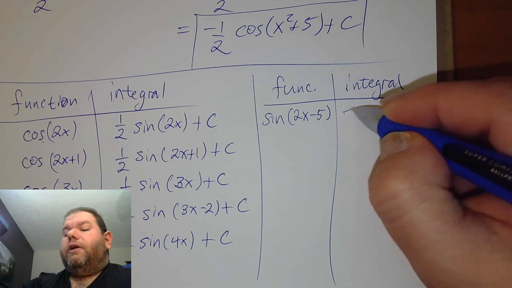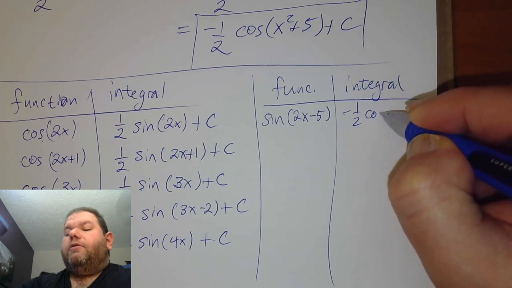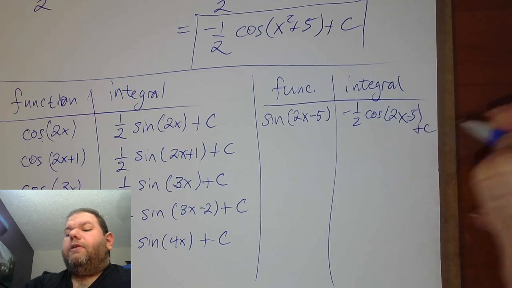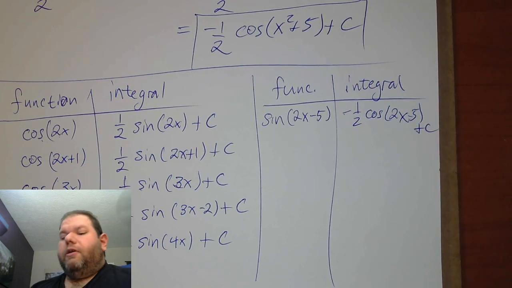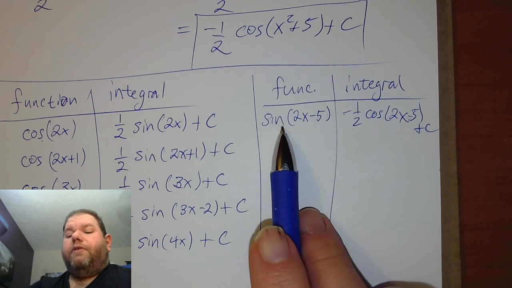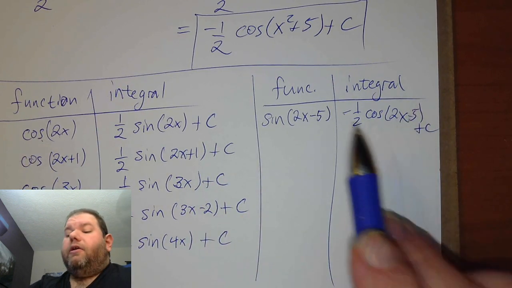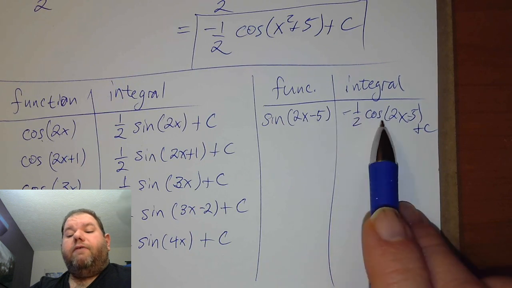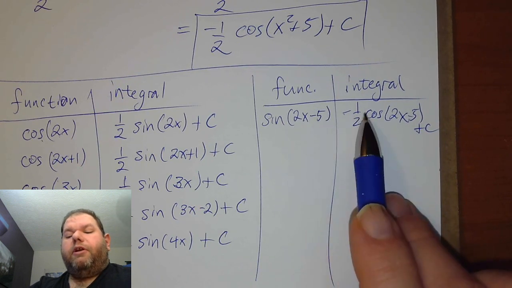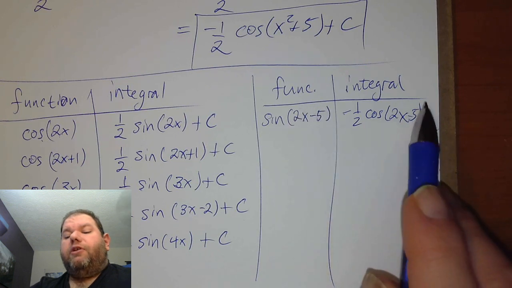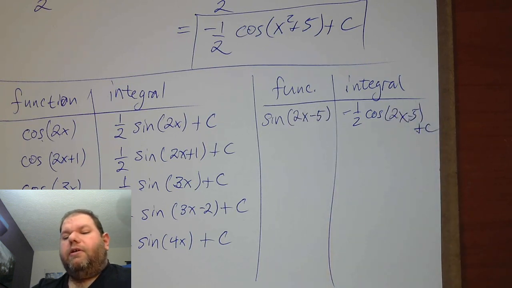Yeah, this is negative 1/2 cosine of 2x minus 5 plus c. The only thing different here is that we're integrating sine instead of integrating cosine. So the integral of sine we know is negative cosine, but again we're going to get a 1/2 because we have a 2 here, and then the expression here is the same inside.